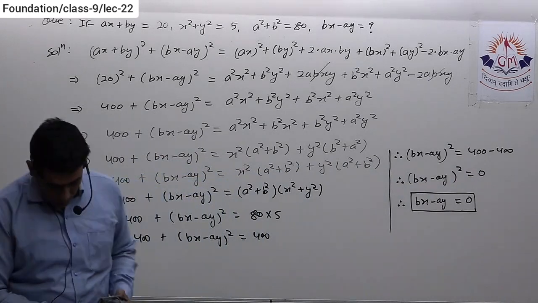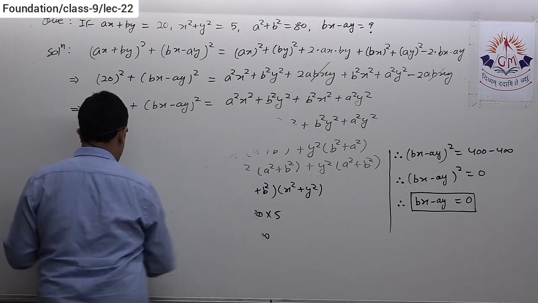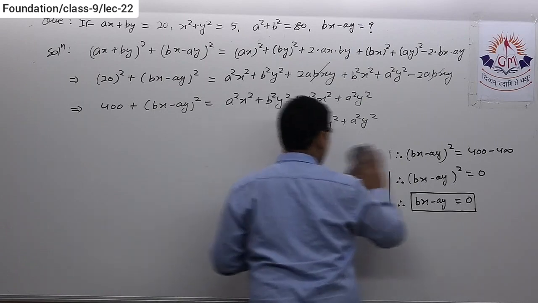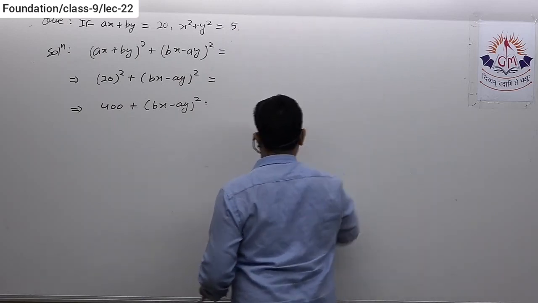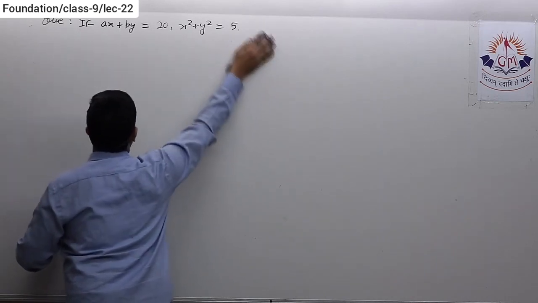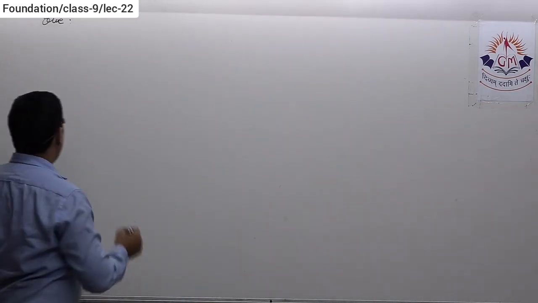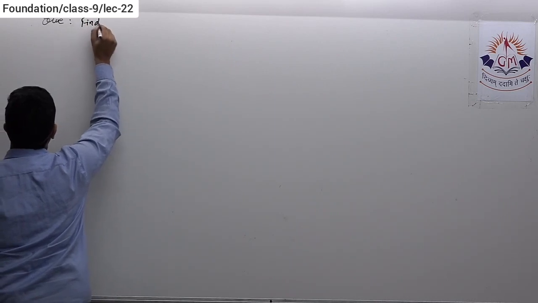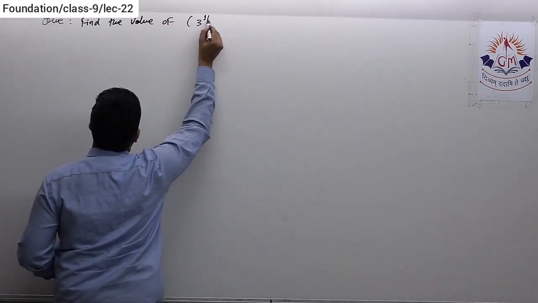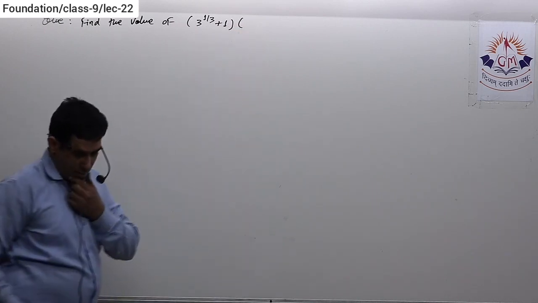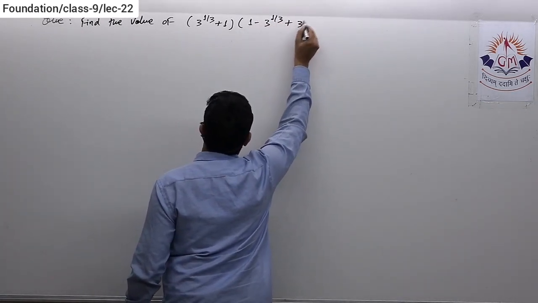Okay, now we will see the next question. Okay, the next question is: find the value of 3 raised to 1 by 3 plus (1 minus 3 raised to 1 by 3 plus 3 raised to 2 by 3).